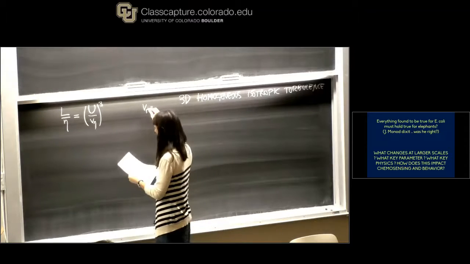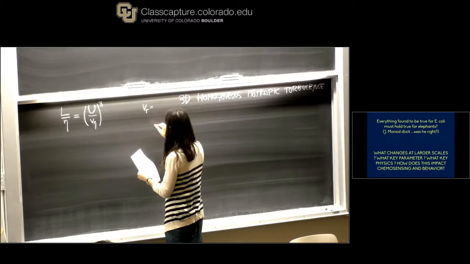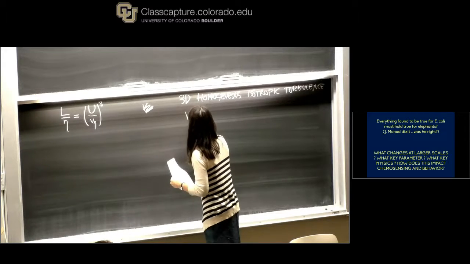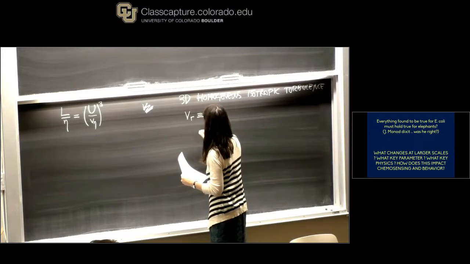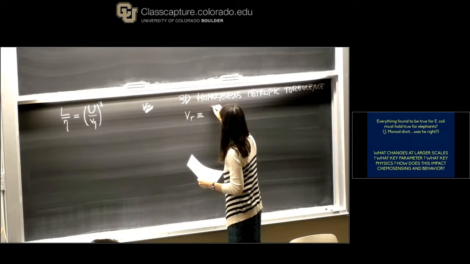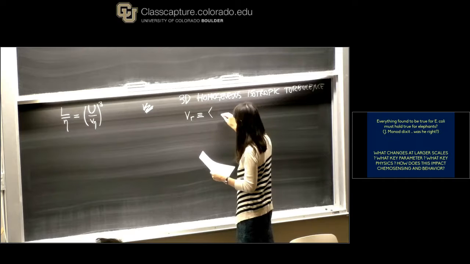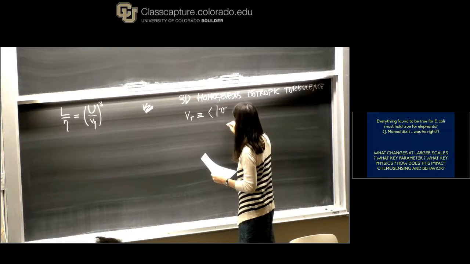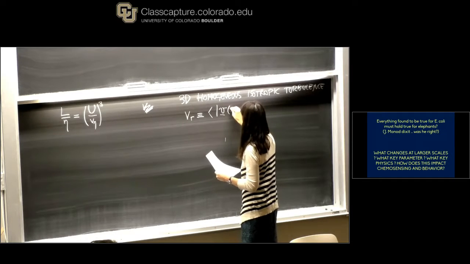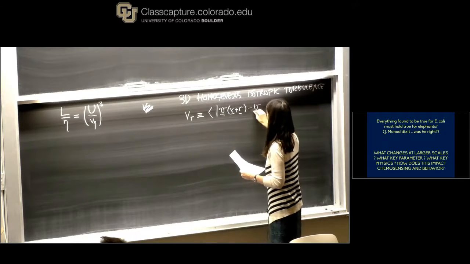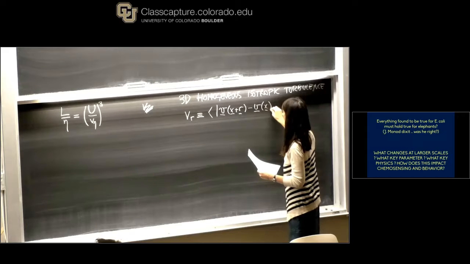So you can define this formally, and we'll define it here. V_r equals the average, and we'll talk about what this average is, of the absolute value of the velocity field at a point x plus r minus v at a point x.